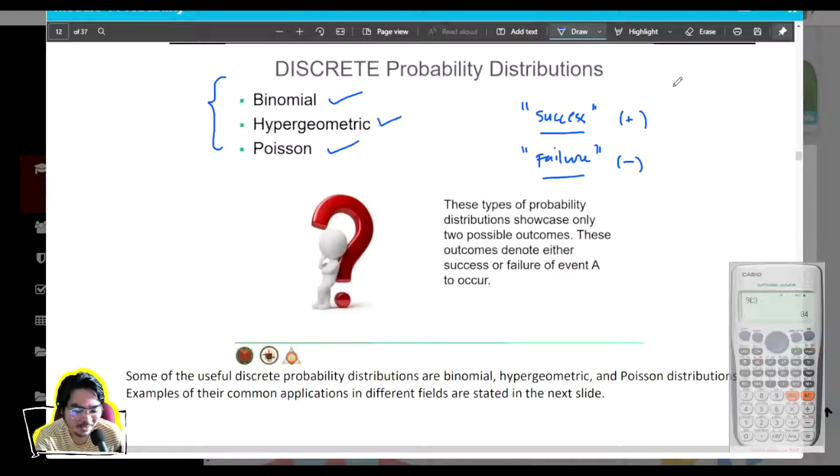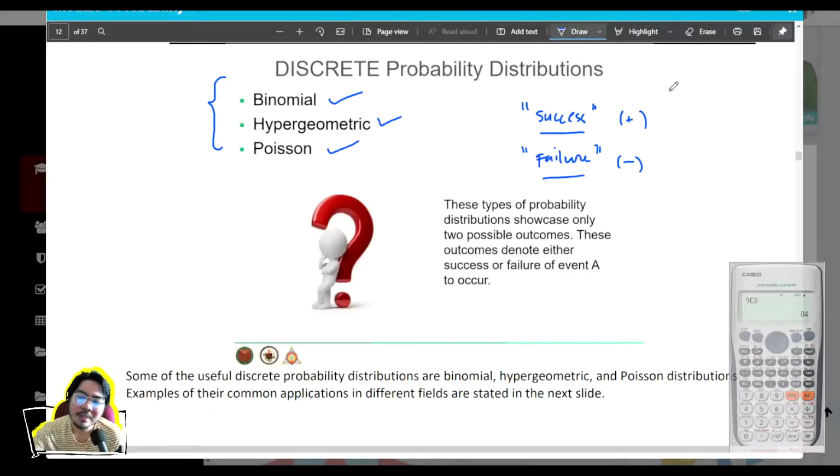If that makes sense, no? So kailangan natin i-separate to kasi there are certain problems na if you don't distinguish between yung terms na success and failure, mahihirapan kayo ma-compute, makakuha ng tamang calculations, no? So kailangan you take the emotions out of it, no?